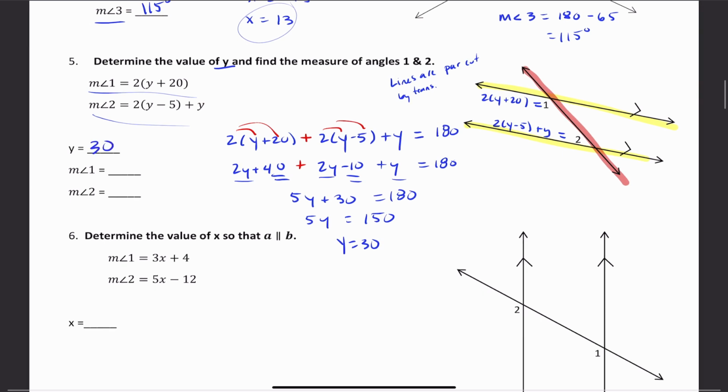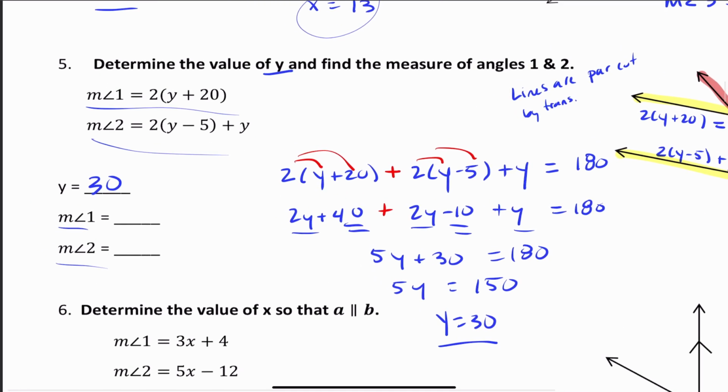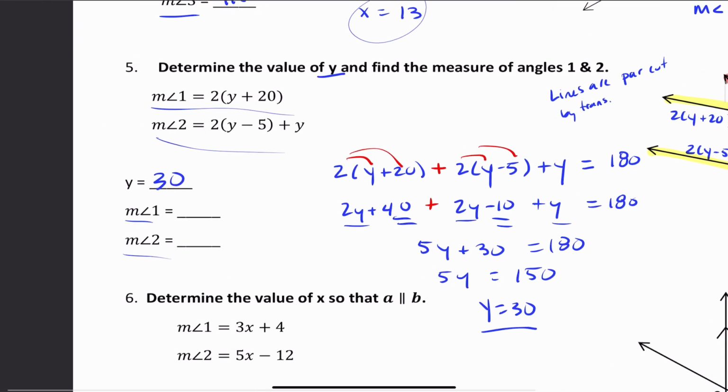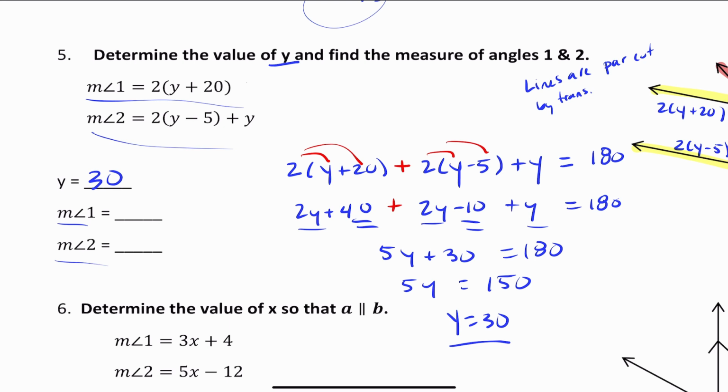Since I know that y is equal to 30, and my goal here is to figure out the measure of angle 1 and angle 2, I can just start evaluating. So 2 times 30 plus 20, that's 2 times 50, so that is 100 degrees.